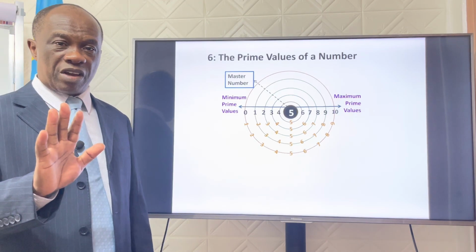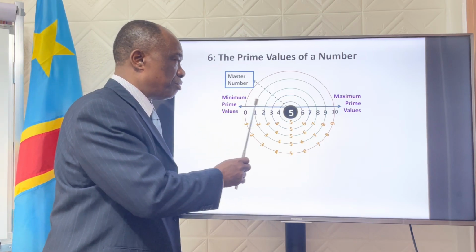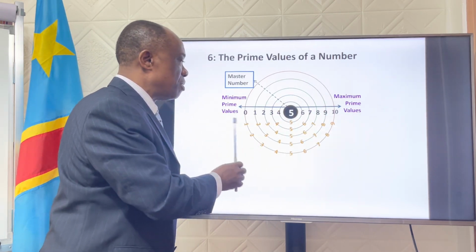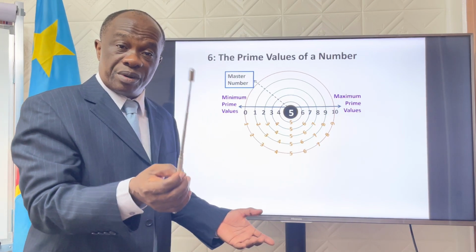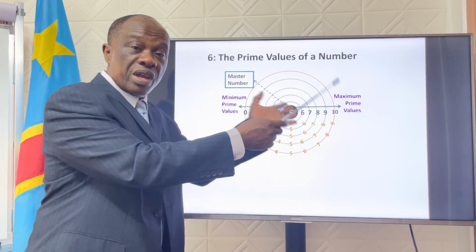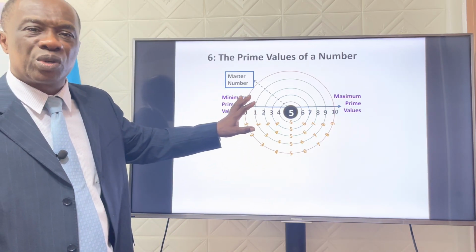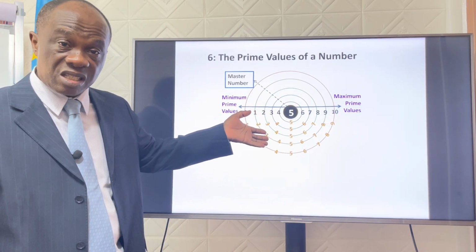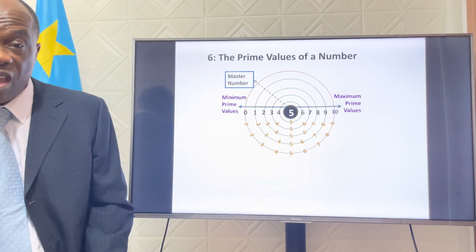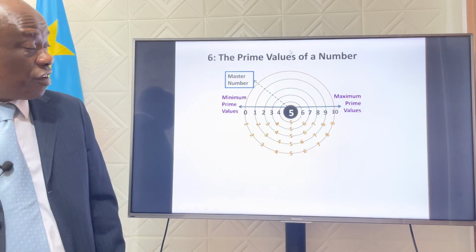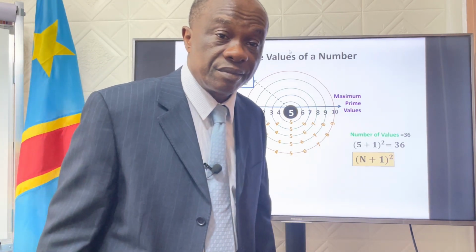So among the prime values, you have to know that they are maximum and minimum. Every number has maximum and minimum. Please, this is very important, because it will help us a lot to understand. And what we have done here, we have produced data.